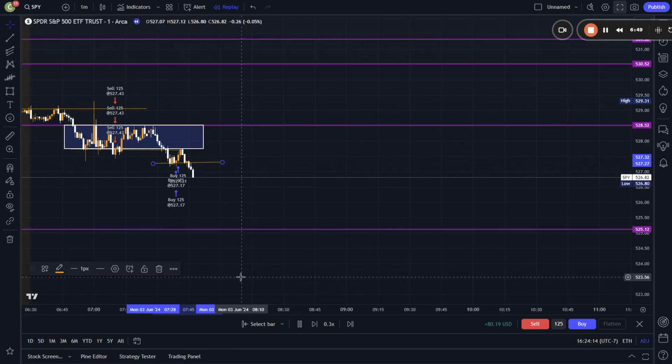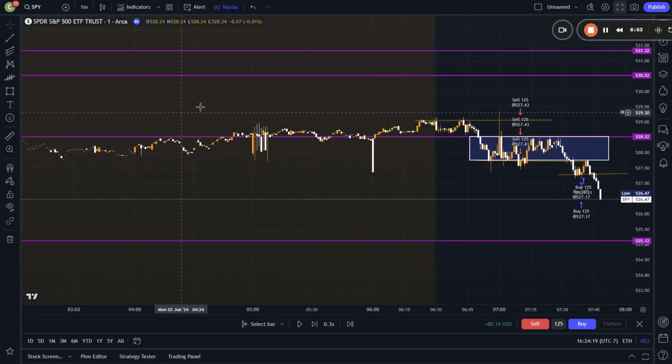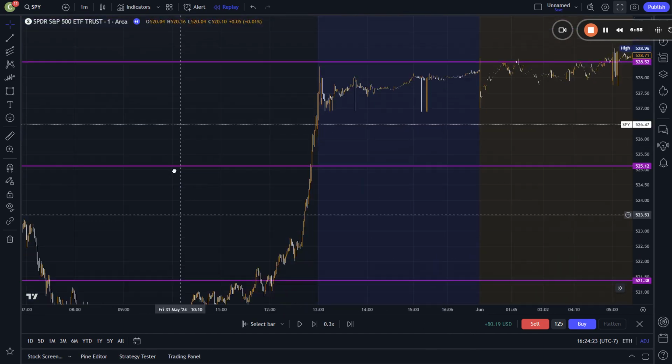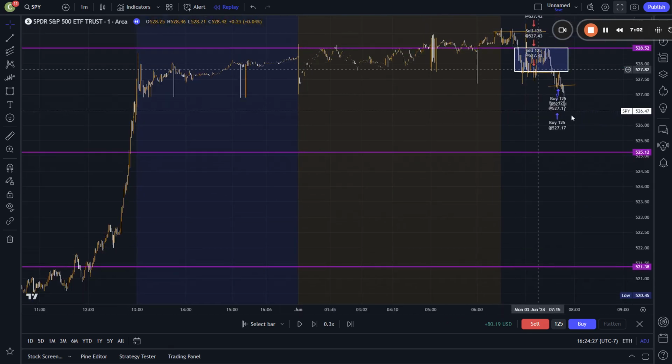So I could write just from what I see, and we can go back to yesterday, just check on what yesterday did, right? So yeah, that's kind of the confirmation on why price is trickling downward.